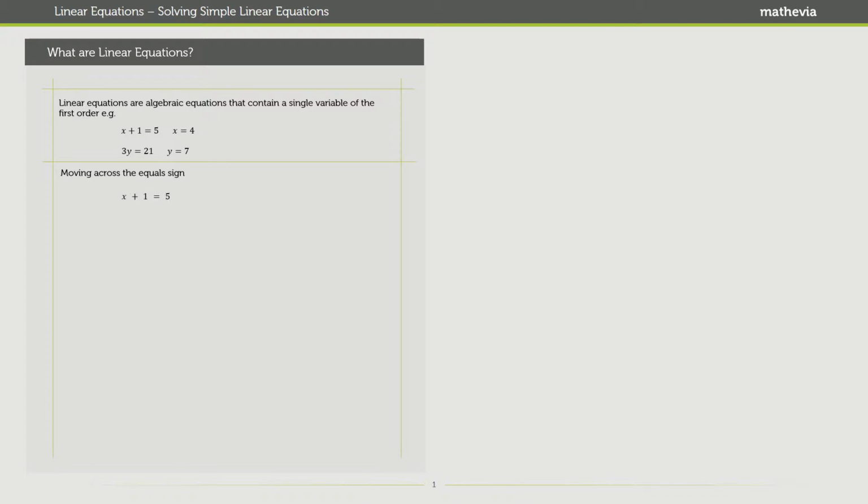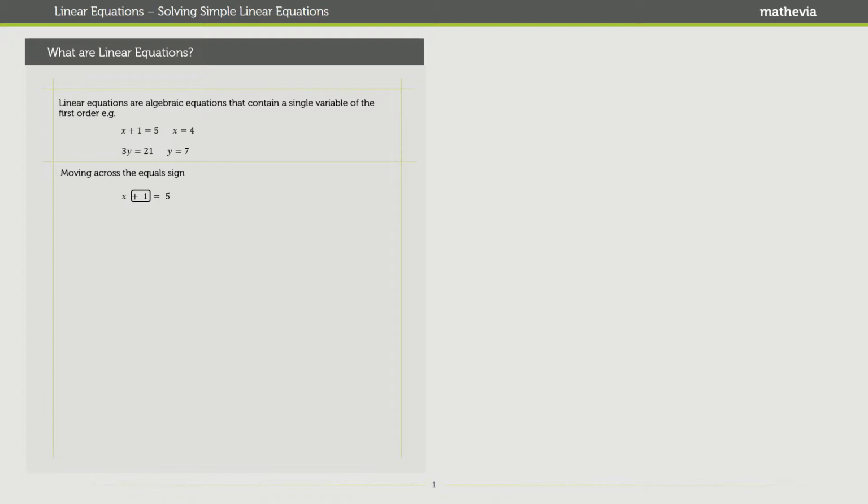So x plus 1 equals 5. I'm looking to have x on the left and all the numbers on the right. I already have x on the left, but I have a 1 alongside x on the left. What I'm going to do is try and move that 1 over to the right across the equal sign. Anytime we move numbers, we move them alongside the signs in front of them. So if you have plus 1, you move plus 1.